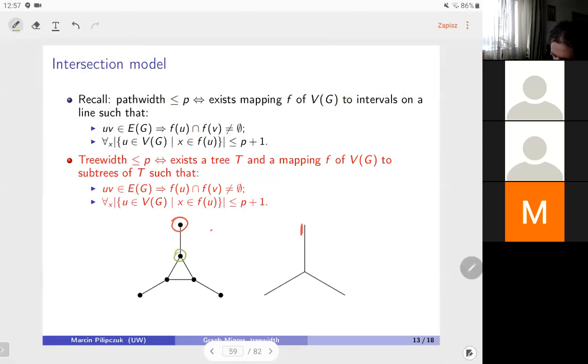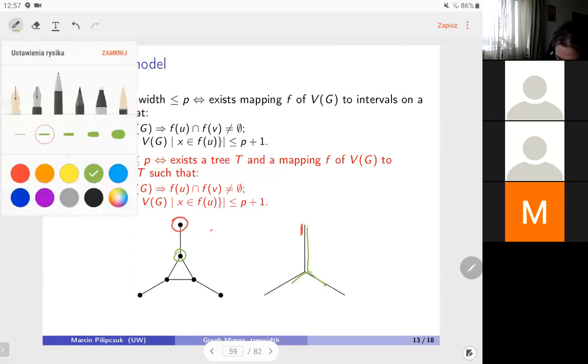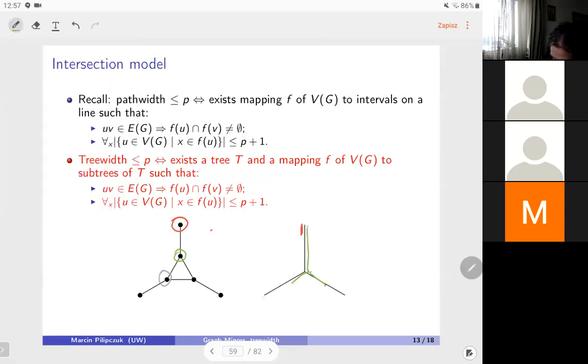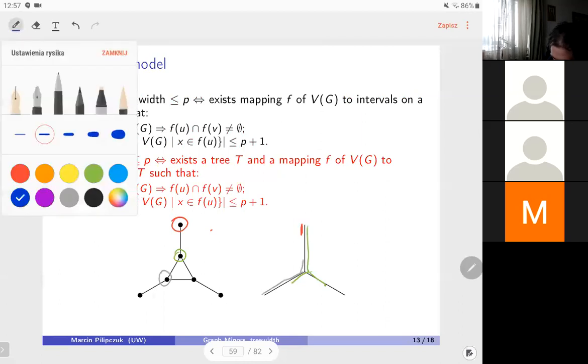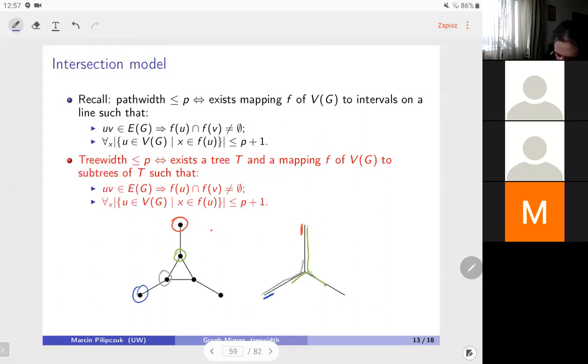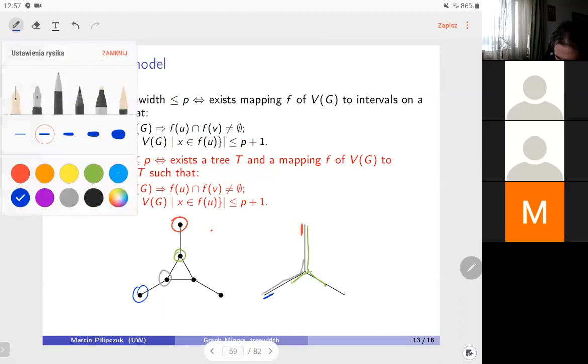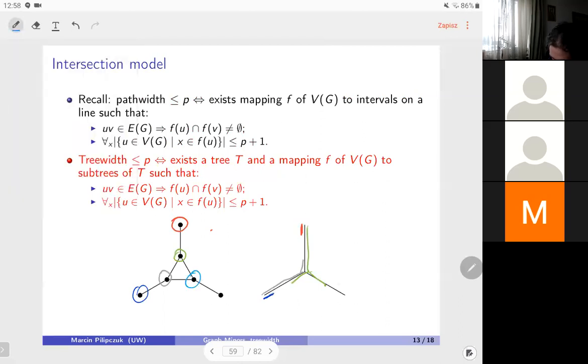This vertex may become something like that. This vertex will become something like that, say. This vertex will become a small interval here. This vertex will again become something like that up to the endpoint. And this vertex may become just a dot here or a small subtree here.